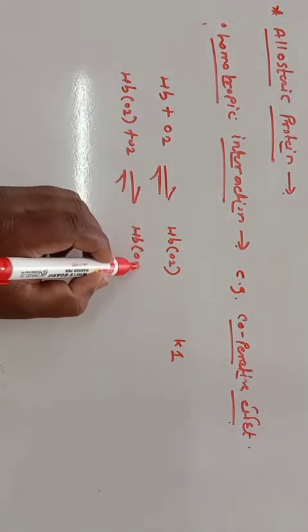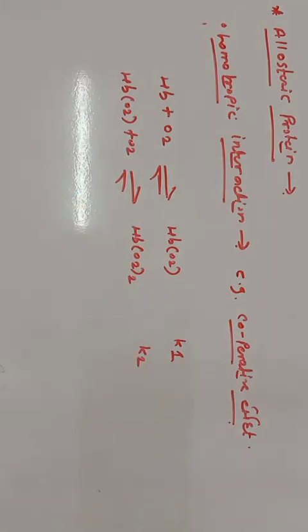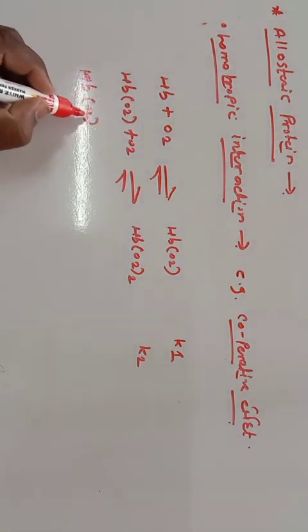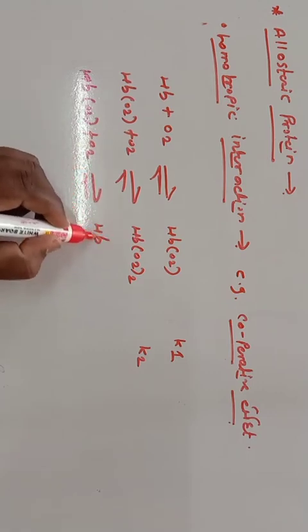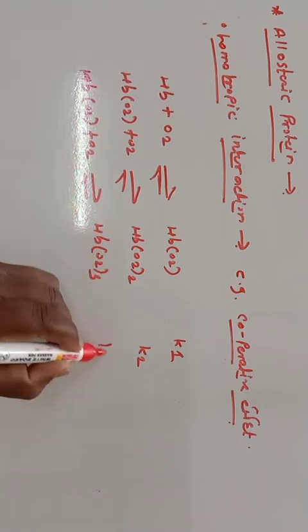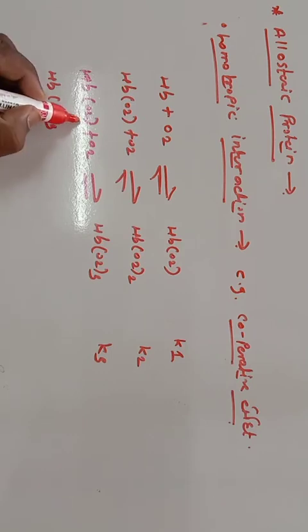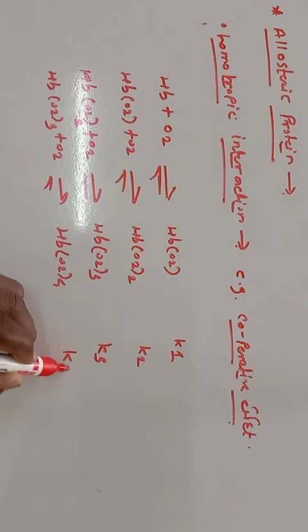That is, we get Hb(O2)2, and the rate constant is K2. Again, when a third molecule of oxygen interacts with the hemoglobin, the rate constant further increases. So we get Hb(O2)3, with K3, and Hb(O2)3 reacts with O2 and we finally get Hb(O2)4, with rate constant K4.